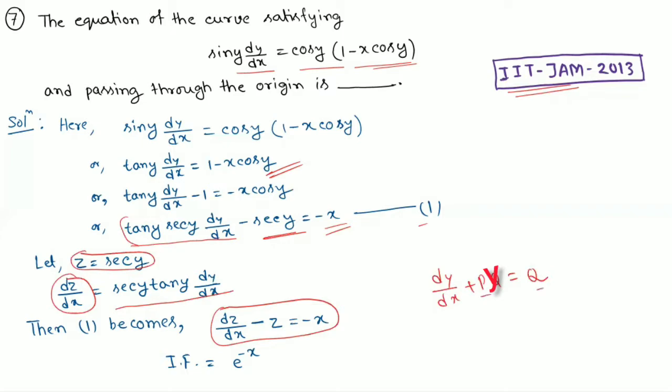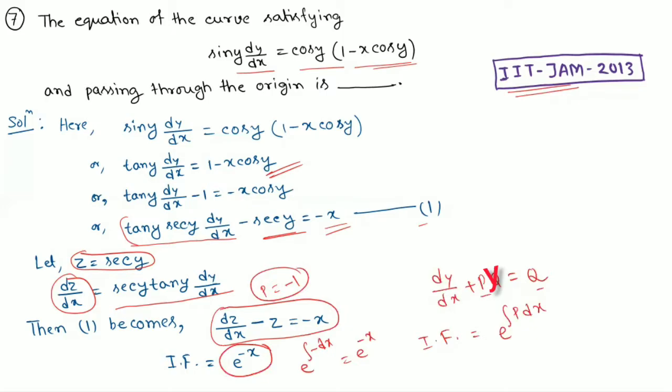So in that case, what will be our integrating factor? Integrating factor will be e to the power integration p dx, and here p is equals to minus 1. So our integrating factor is e to the power integration minus dx, that is e to the power minus x. So e to the power minus x, this is our integrating factor.